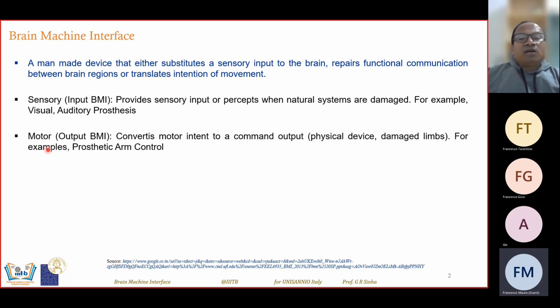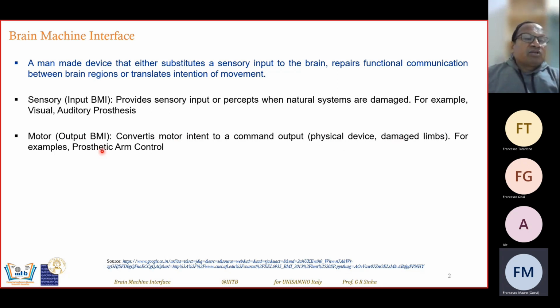Motor output BMI. You can understand, suppose there is damage in the limbs, or there is some problem in the physical device, and you want to augment the performance. So you can improve the motor performance of a limb which is damaged. It converts motor intent to a command output, and that can help in augmenting the performance of damaged limbs.